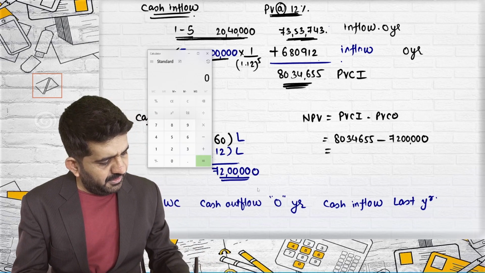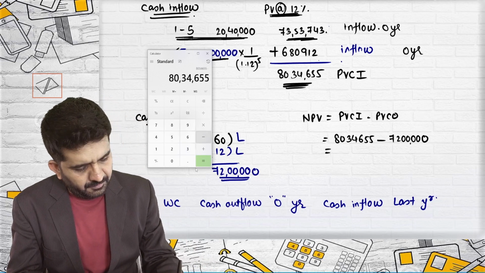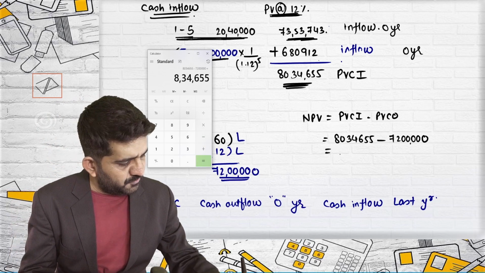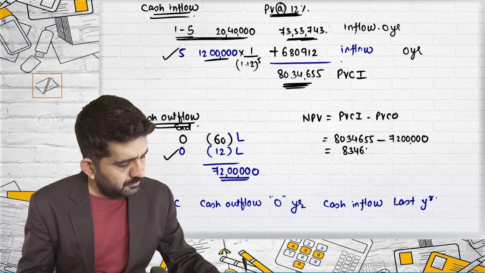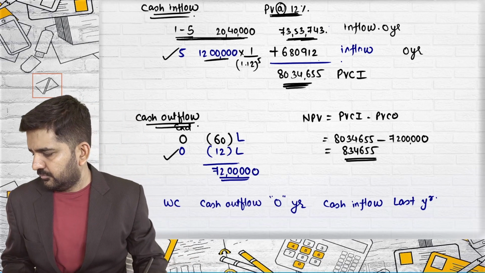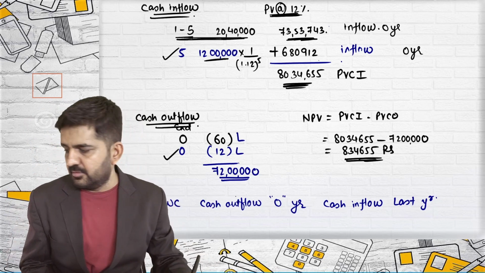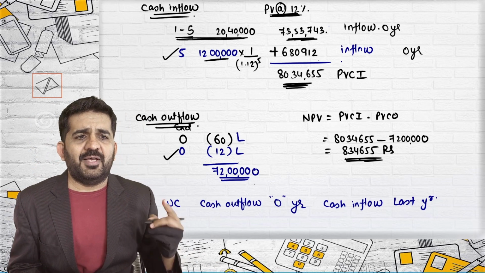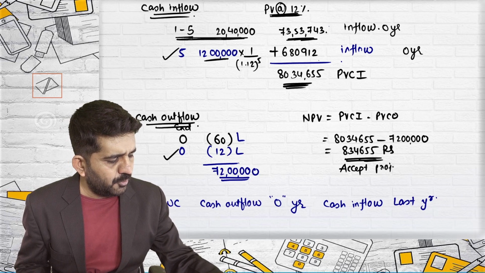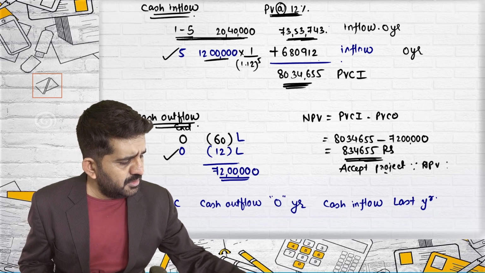My NPV will be 80,34,655 minus 72 lakhs, which is 8,34,655 rupees. That is the NPV. They are not asking me whether to accept the project or not. Still, I'll write down accept the project because NPV is positive.